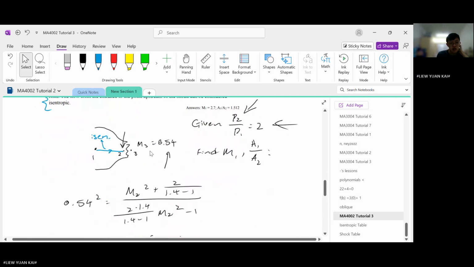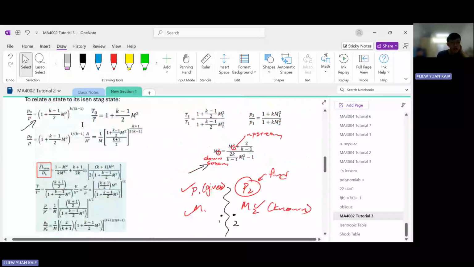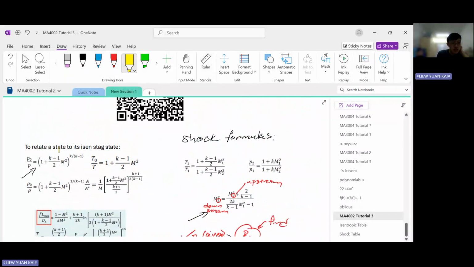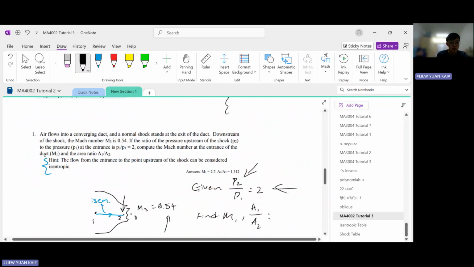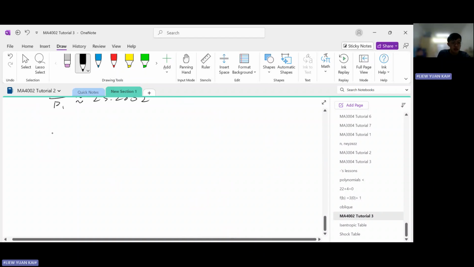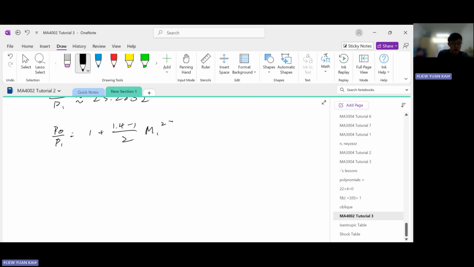Now, how do I use this to find the Mach number at point 1? We can use, again, this formula, except we now apply it to point 1. The formula says P naught over P1 is equal to 1 plus (1.4 minus 1) over 2 times the Mach number at point 1, which is unknown, squared, to the power of 1.4 over 1.4 minus 1.